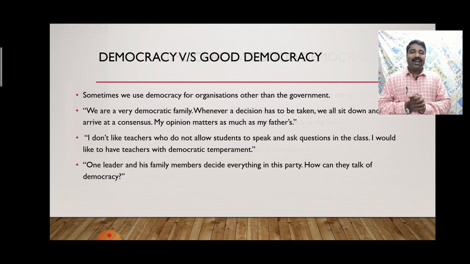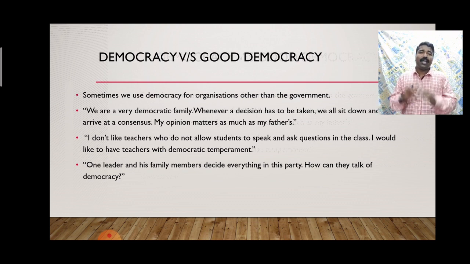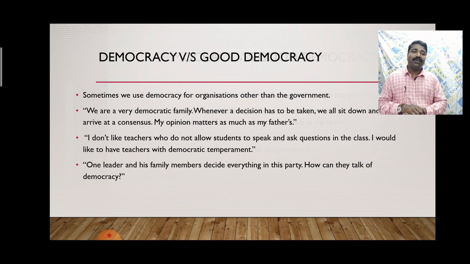Then, one leader and his family members decide everything in an organization. How can they talk of democracy? They cannot talk of democracy. This is very important in all our decision making processes.